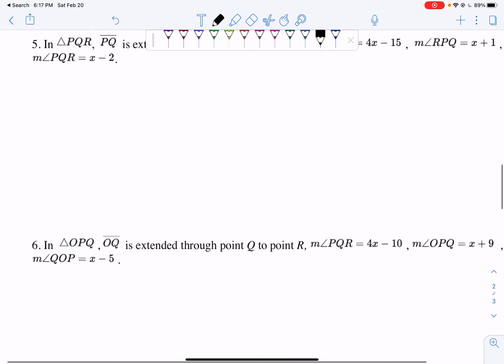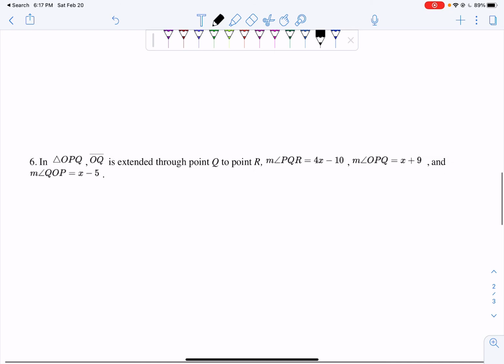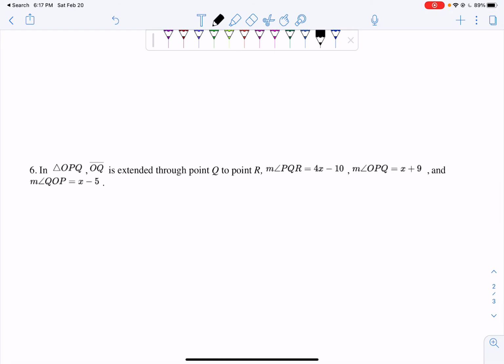This one actually is a typo. Number 6. In triangle OPQ, OQ is extended through point Q to point R. The measure of angle PQR is 4x minus 10. The measure of angle OPQ is x plus 9. And the measure of angle QOP is x minus 5.